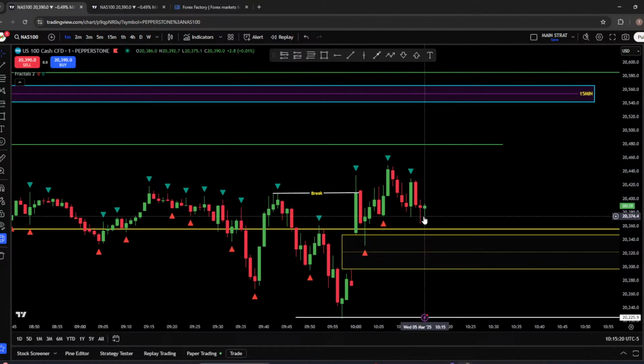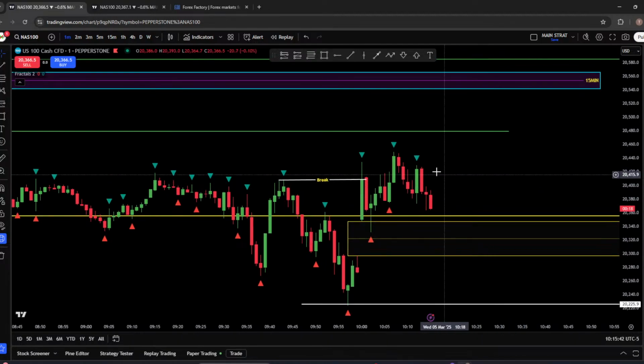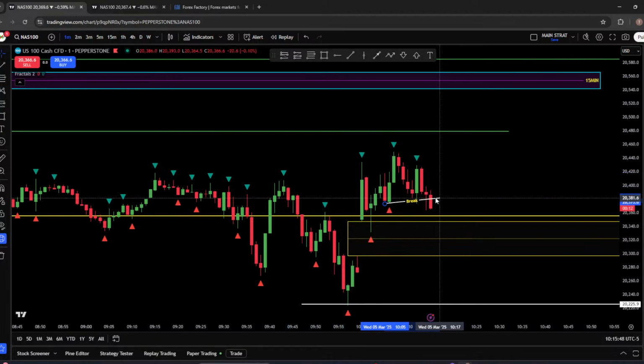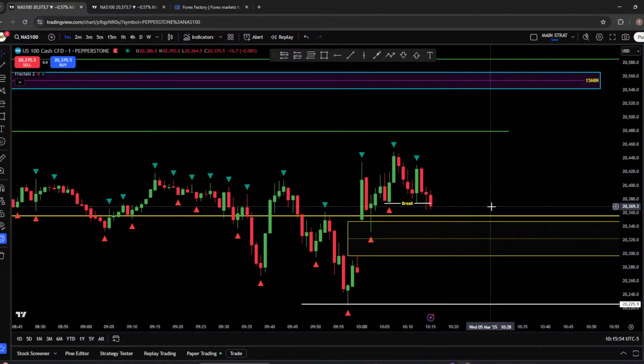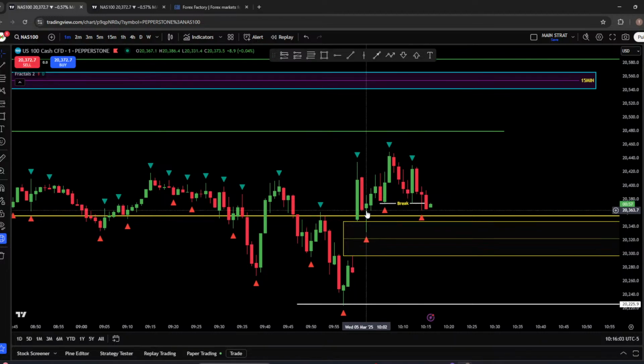If it's going to rip through, that'd be fine, but today is a little bit harder of a morning to trade, but besides this mess up on my part here, I think I'm doing okay.